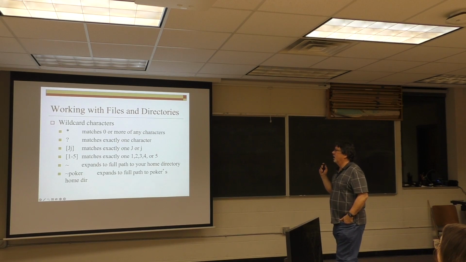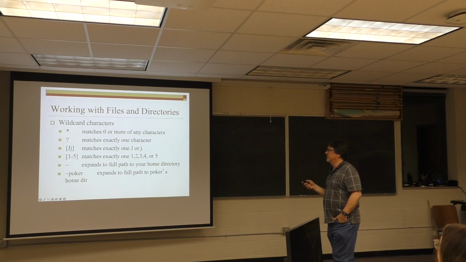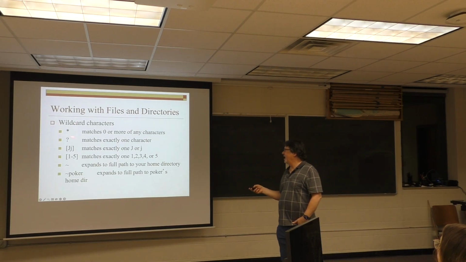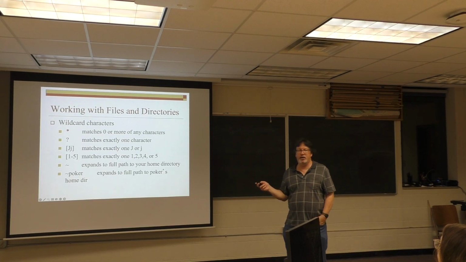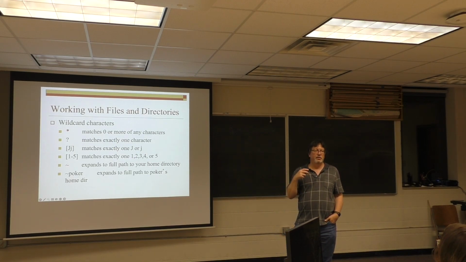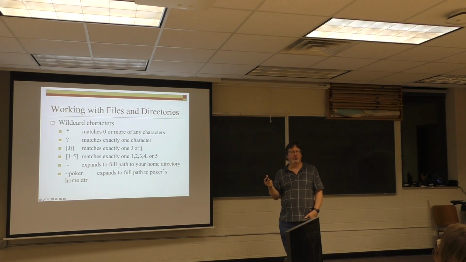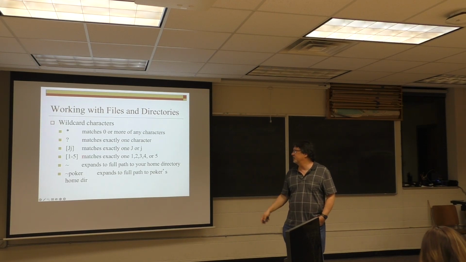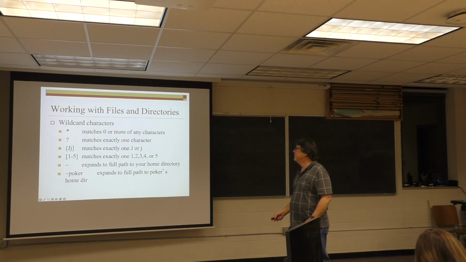Okay. Wildcard characters, I was talking about this a little before with the backslash. An asterisk will match 0 or more characters. So if you did ls L star, it's going to show, if there was a file named L, it would show that. If it was L, S, L, O, L, anything after it, an asterisk would match anything after it.